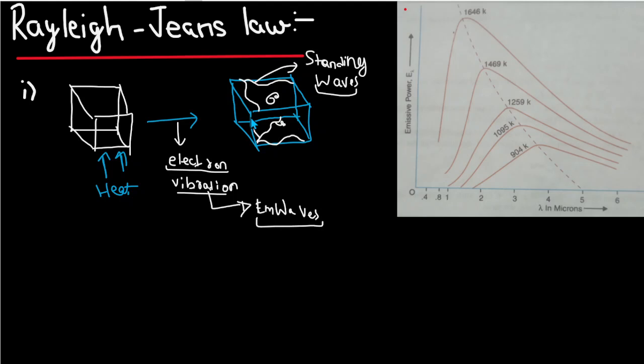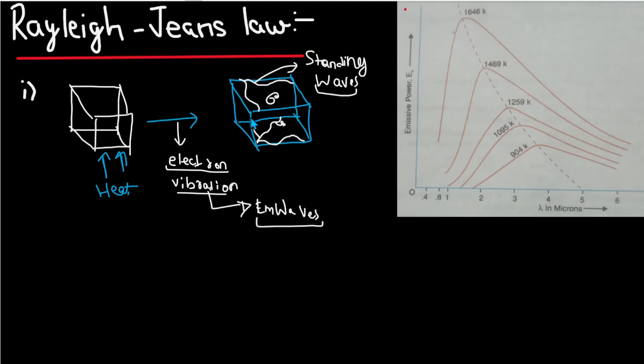Because this is a metallic wall, and when electromagnetic waves are produced, the atoms or electrons arrange themselves in such a manner that they cancel out the electromagnetic wave, so that the net electromagnetic wave at the metallic surface is zero. That's why on the walls of the cube there is no standing wave pattern. It is only in the cavity of the cube.